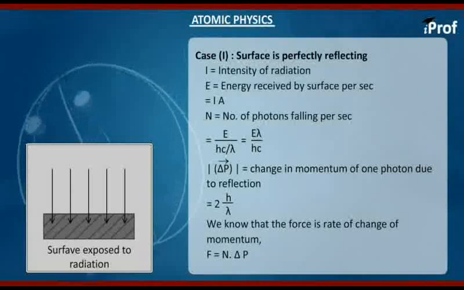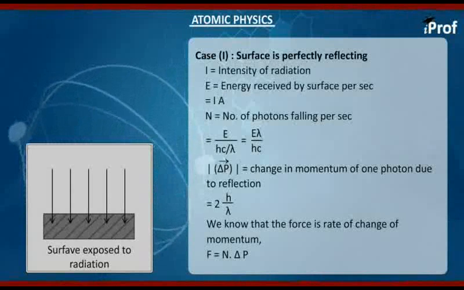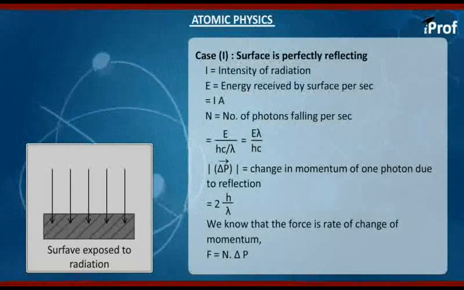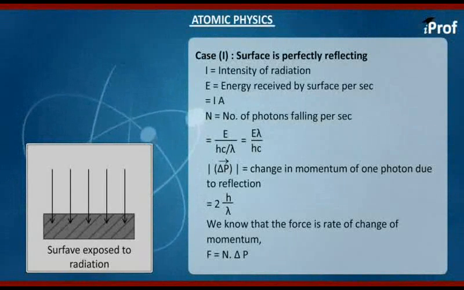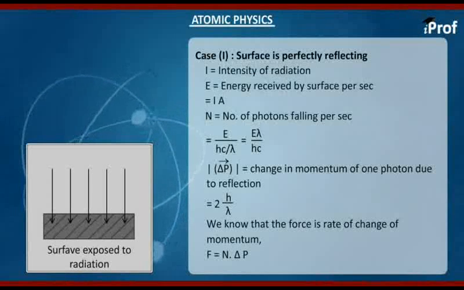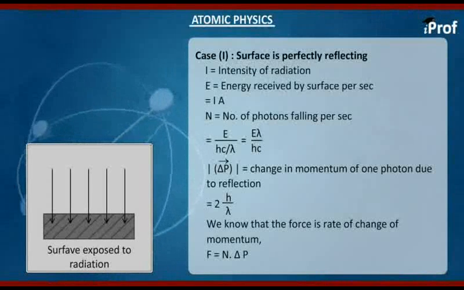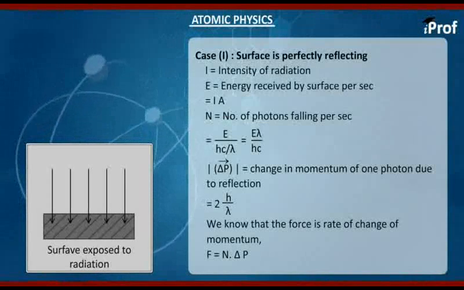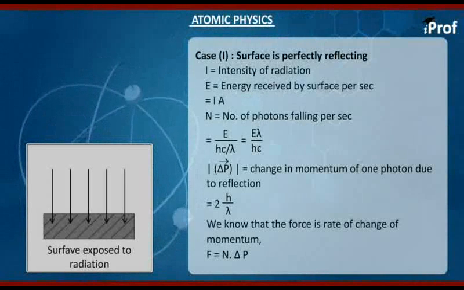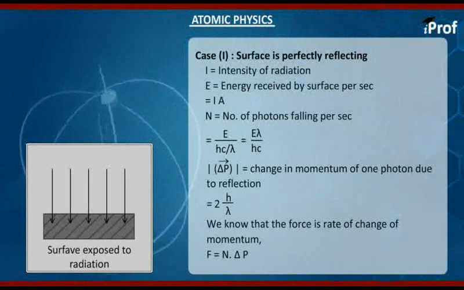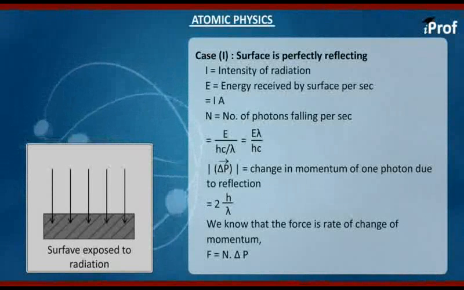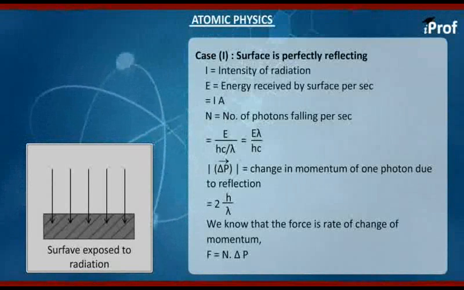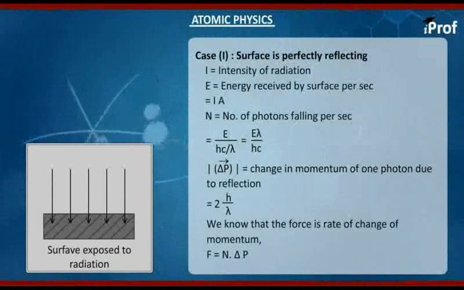So capital E, the energy received by the surface per second, will be the intensity of the radiation multiplied by area. Now if I say the number of photons falling on the surface per second, we know the energy of one photon. So by using the unitary method, N, the number of photons falling per second, will be the energy received by the surface per second divided by the energy of one photon.